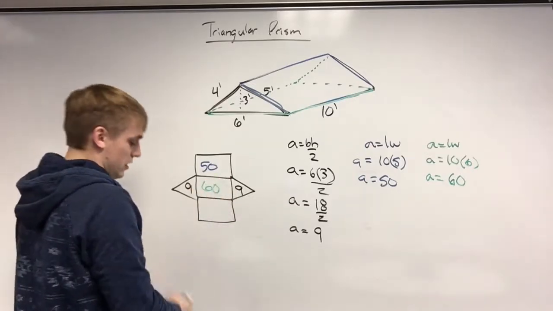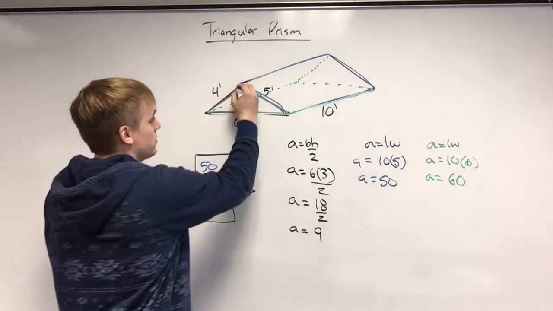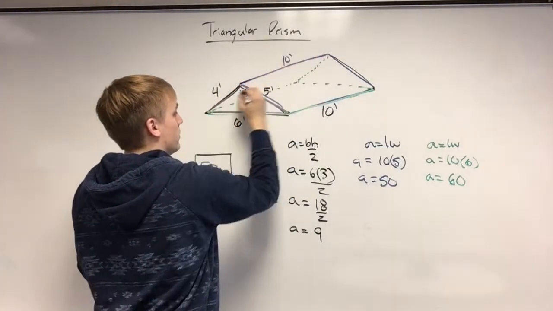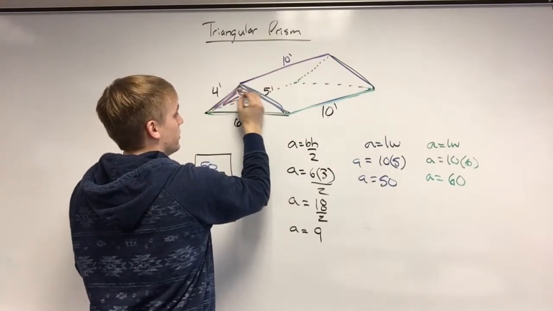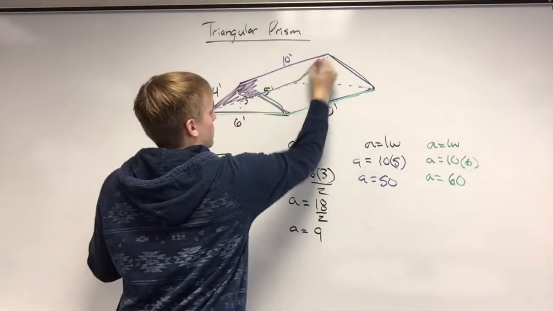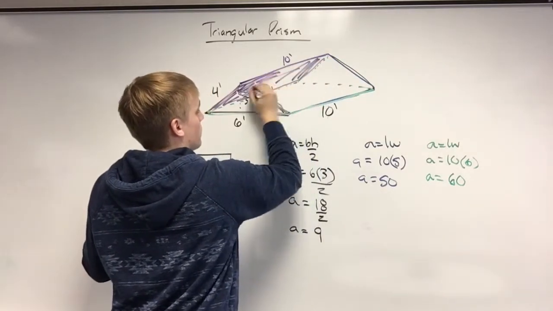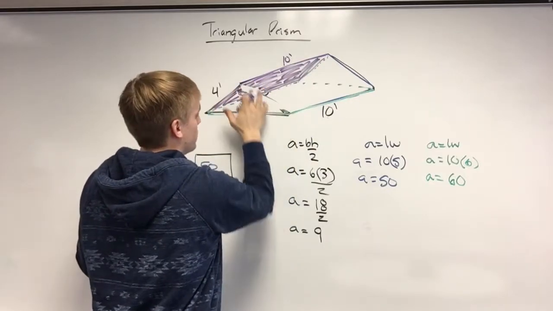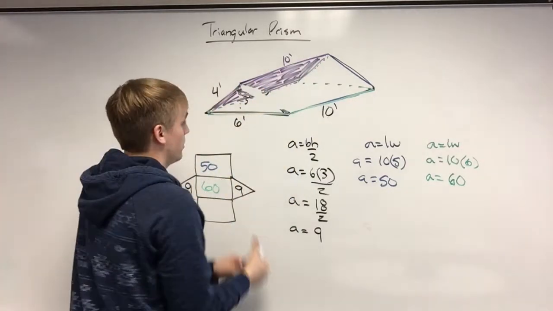And then the last one is the back here, which is this line, which is equal to 10. It's this section here. If I color that in, you still need that line there.